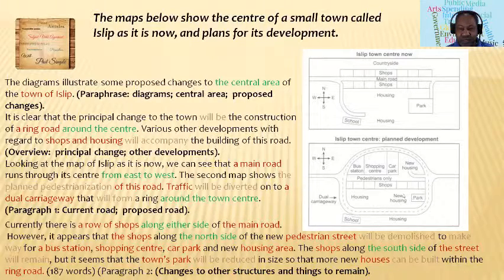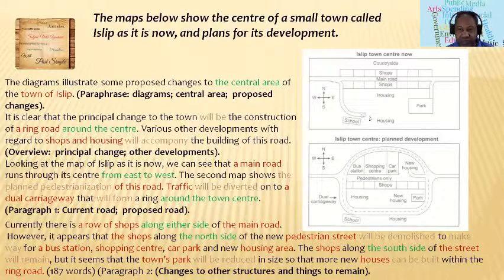This is reduced, so we can say that this is being reduced so new housing can be built here. So new houses can be built within the ring road. Now, there are houses here and houses here. There's housing here already and housing here and the school. This hasn't really changed much.